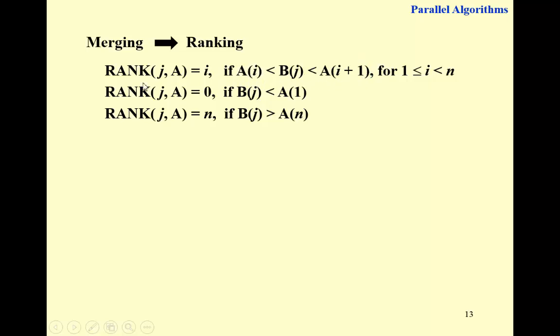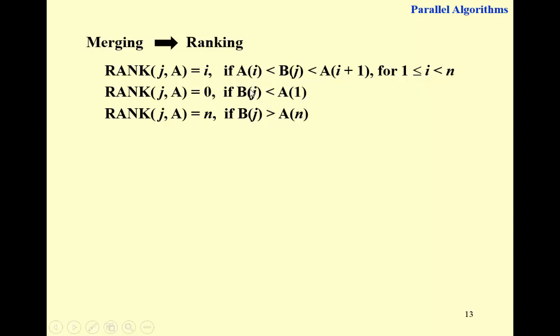So we denote it by the rank of B(j) in A. Okay, if that value is i, it means that the position of this element in A is right after A(i). And that is the basic definition, and these two are the definitions for the boundary conditions.